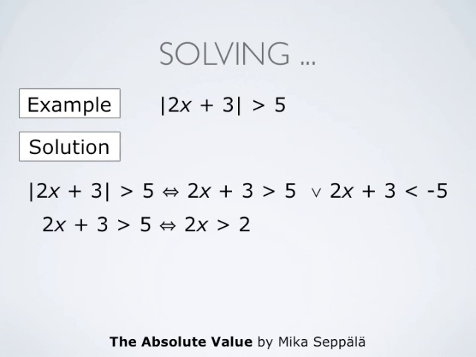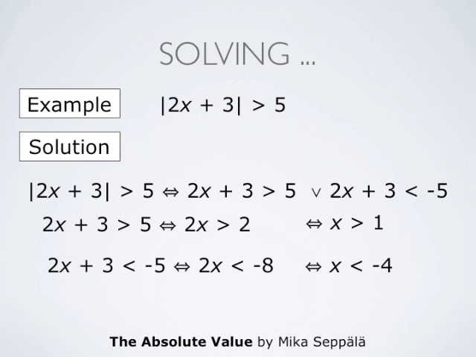The first inequality tells us that 2 times x is larger than 2, and this means that x is larger than 1. So all numbers x larger than 1 are solutions to this inequality. The second inequality tells us that 2 times x is less than minus 8, and this means that x is less than negative 4, and all these numbers are solutions as well.